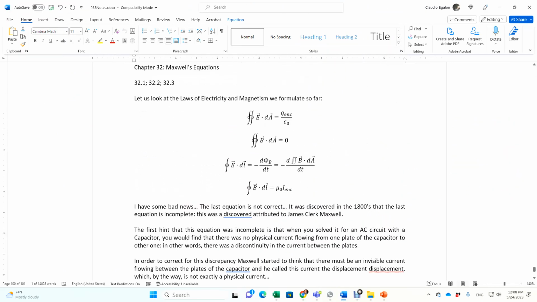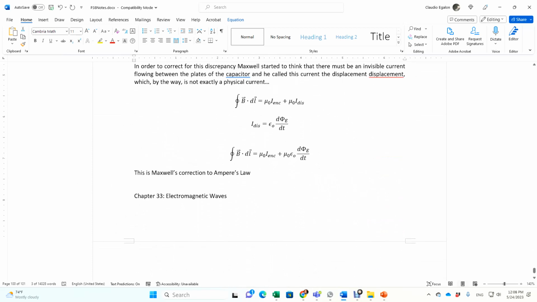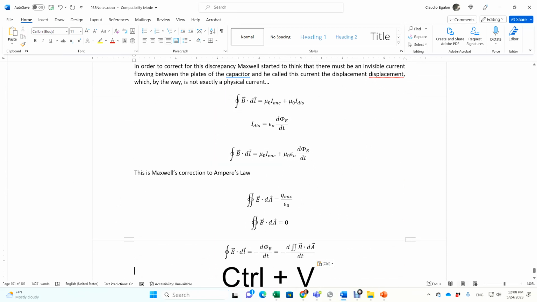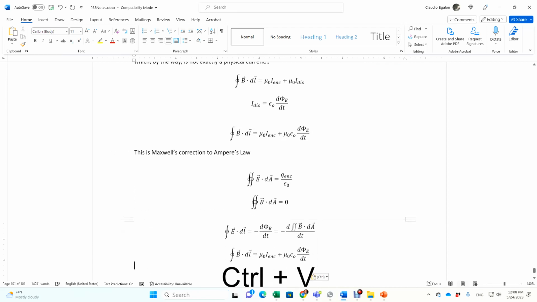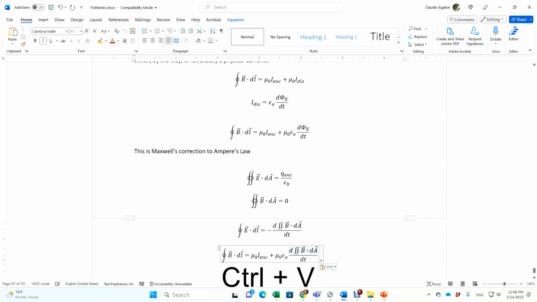Now Maxwell's equations reduce to the following. After the discovery, those four equations with Maxwell's correction became known as Maxwell's equations. I'm going to put this term here, and let's not forget that what we have here now, just like before, is going to be the derivative of an integral, but now of the electric field.